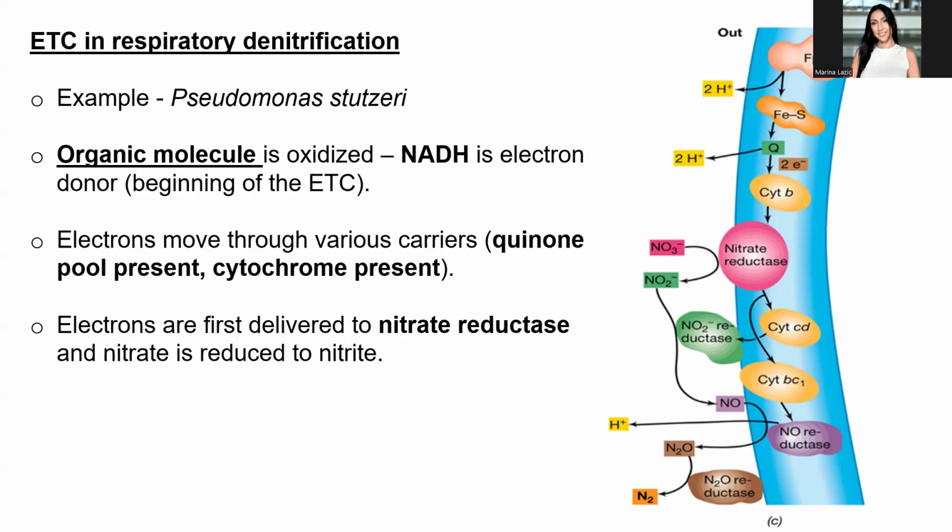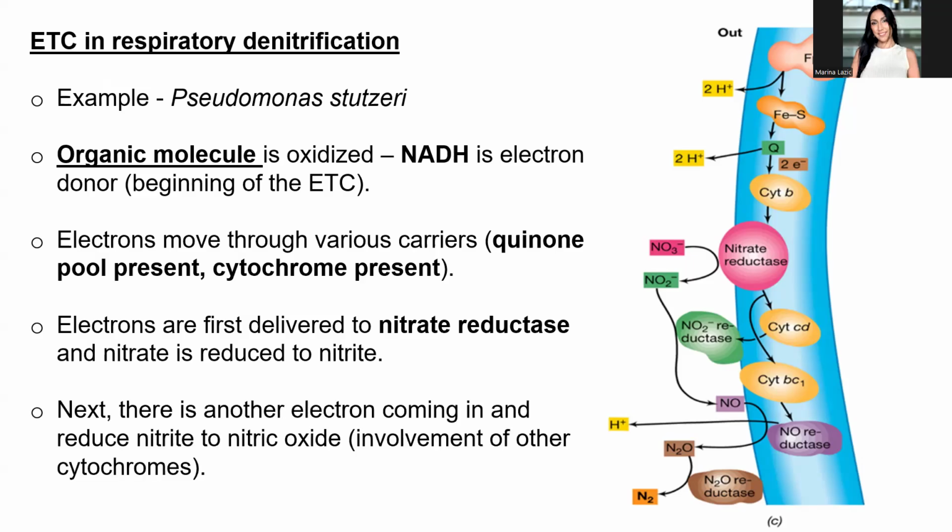The electron transport chain starts with NADH dehydrogenase, and then the electrons move to various carriers like quinone and cytochromes, and they are delivered to nitrate reductase, and then nitrate is reduced to nitrite. Then the next electron comes and reduces nitrite to nitric oxide, and so on. Other cytochromes help in transporting these electrons.